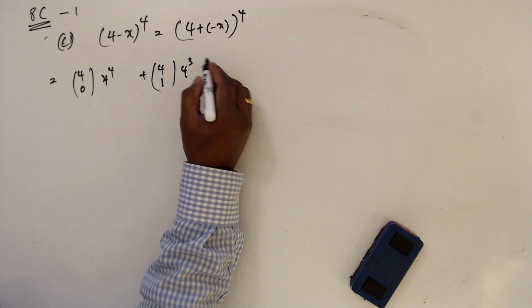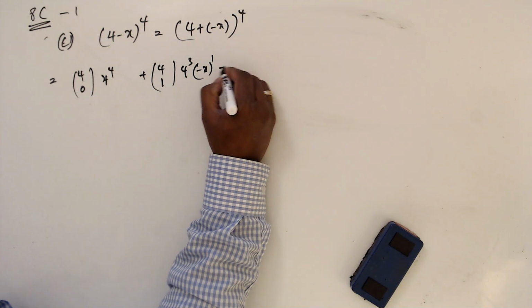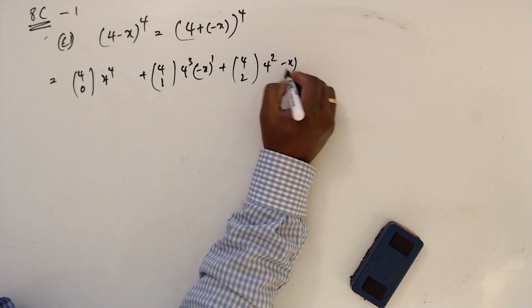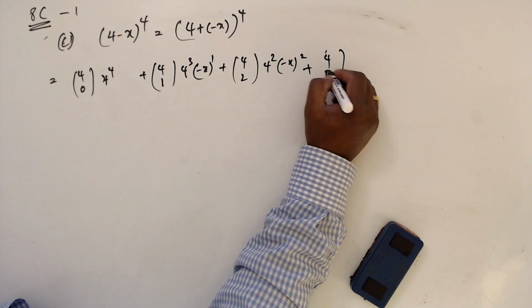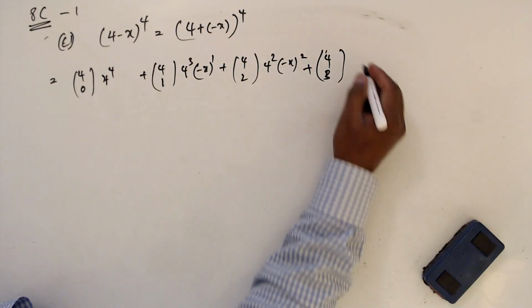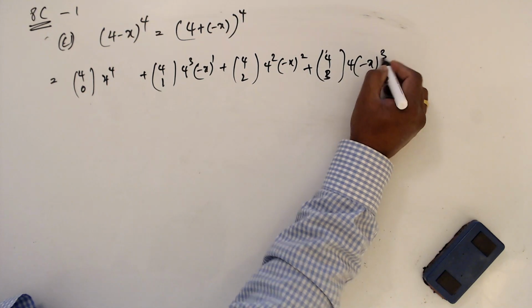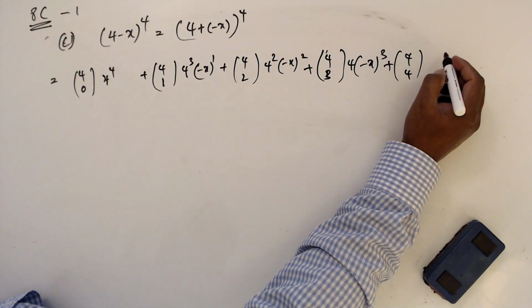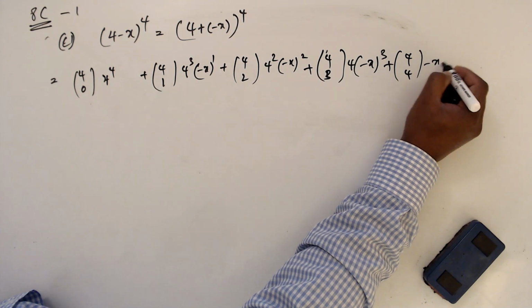Then 4 cube minus x1. Then 4, 2. 4 square minus x square. Then 4, 3. 4 minus x cube plus 4, 4 minus x to the power 4.